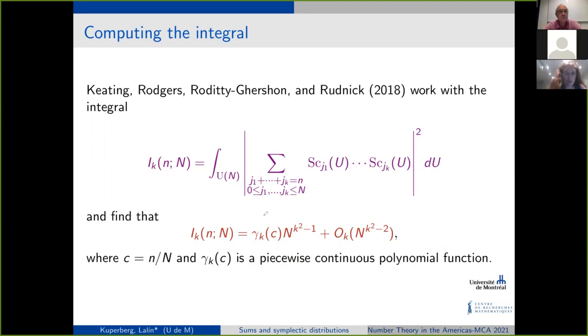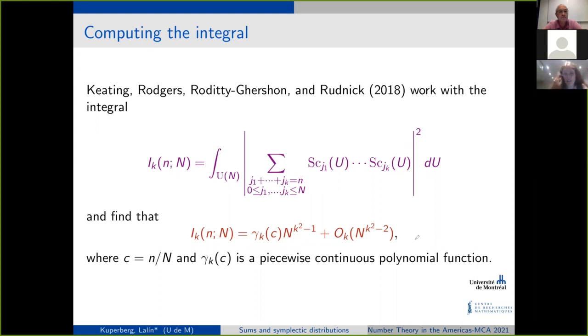If we write this in terms of small n and big N, where before big N depended on the problem, they expressed this integral as an asymptotic with respect to N: it is N to the k squared minus 1 times some coefficient, plus smaller error terms.